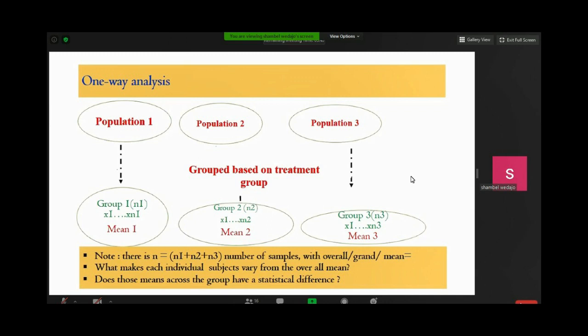That is the grand mean. What makes each individual subject vary from the overall mean? What makes each individual vary from one group to the other groups?